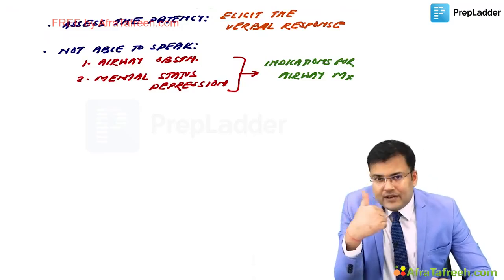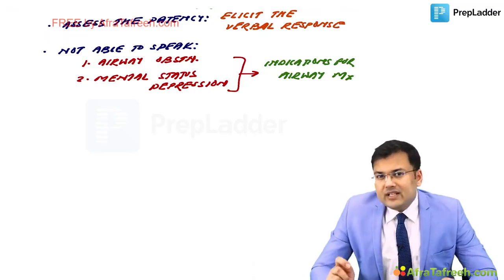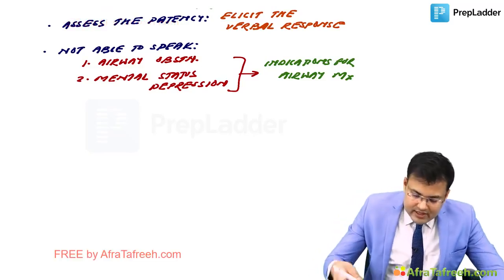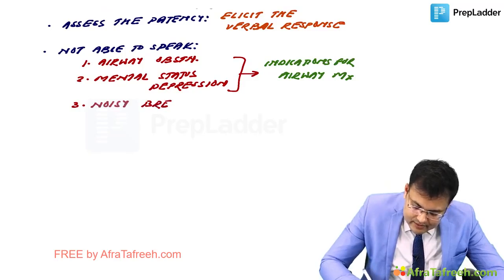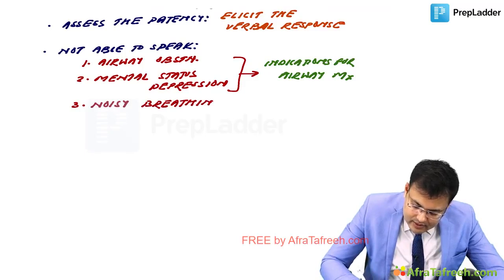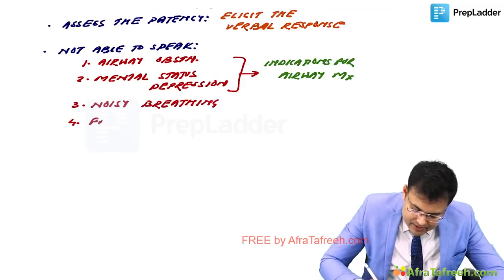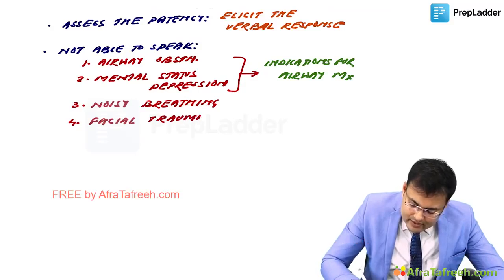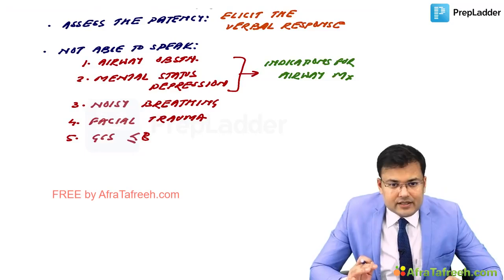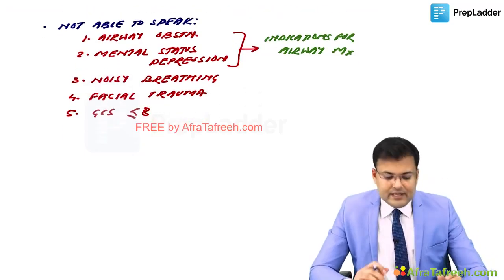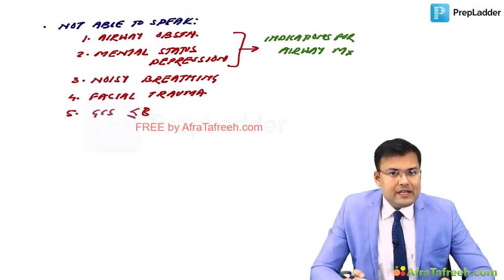Then patients who are having facial trauma, or whenever the GCS is less than or equal to 8, this signifies severe head injury. Clear? So these are the 5 indications where airway management is required.